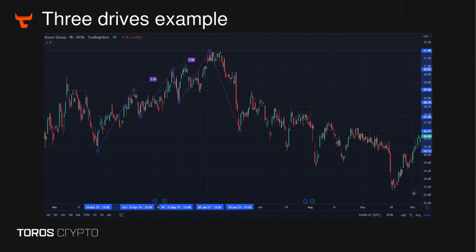So they're not exactly the same, but they are certainly within the ratio alignments as discussed on the previous slide. So it's these types of things that I'm looking for, because it's very hard, obviously, to get the retracements exactly perfect for every single drive. So this is pretty close to what you can expect for 3 drives, and certainly I would trade this as a 3 drives pattern.